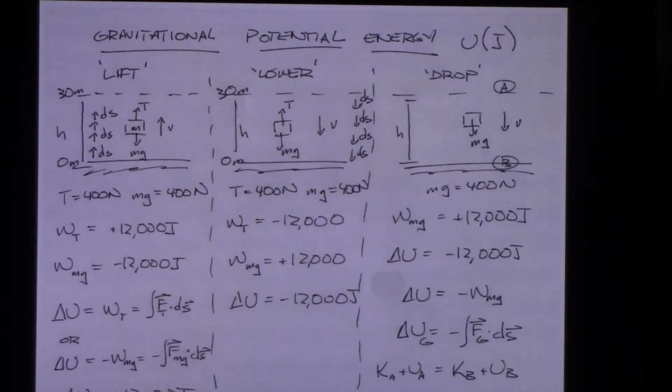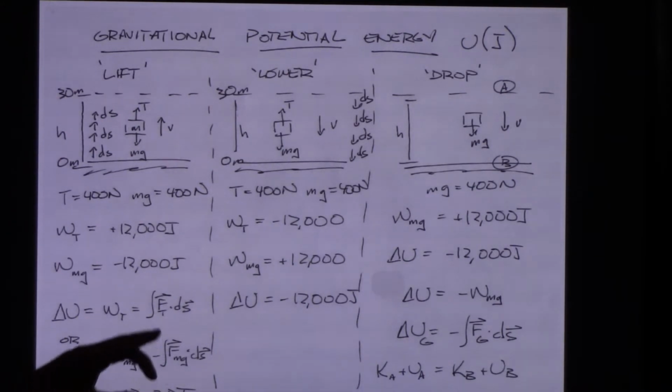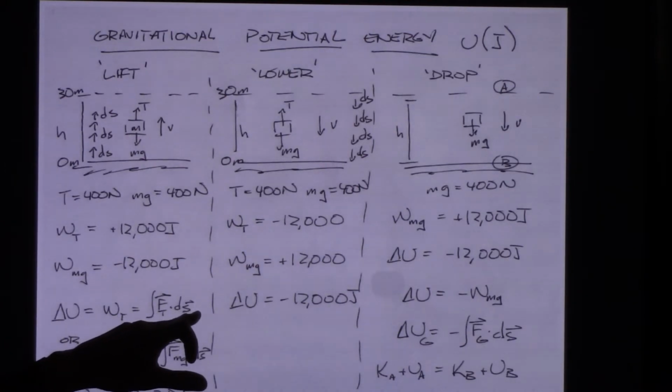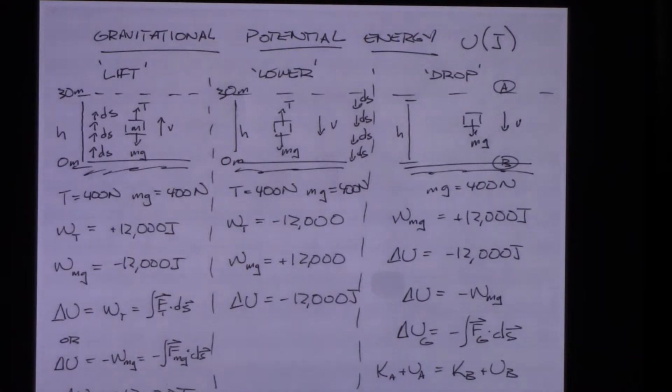It will remain constant. Now, we can calculate the increase in potential energy by looking at the work that we put in, by integrating our force over that distance. Another way to calculate the potential energy is to say the increase in potential energy is the energy or the work taken out by the gravitational force.